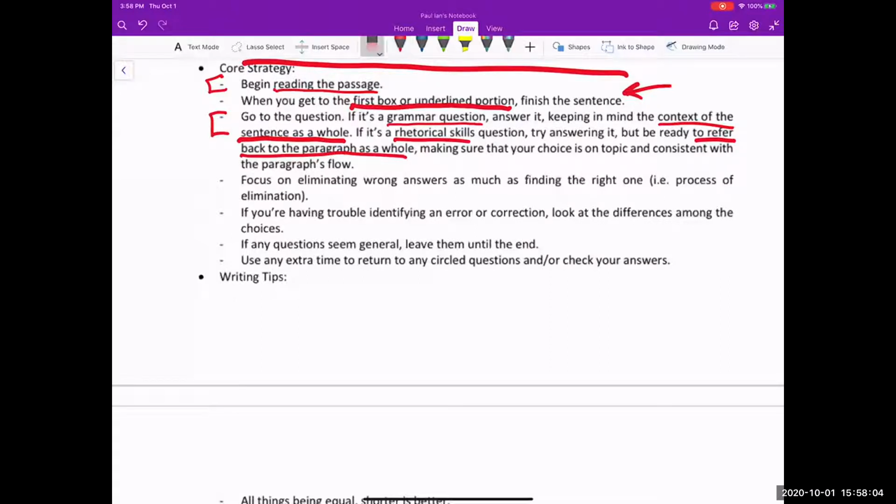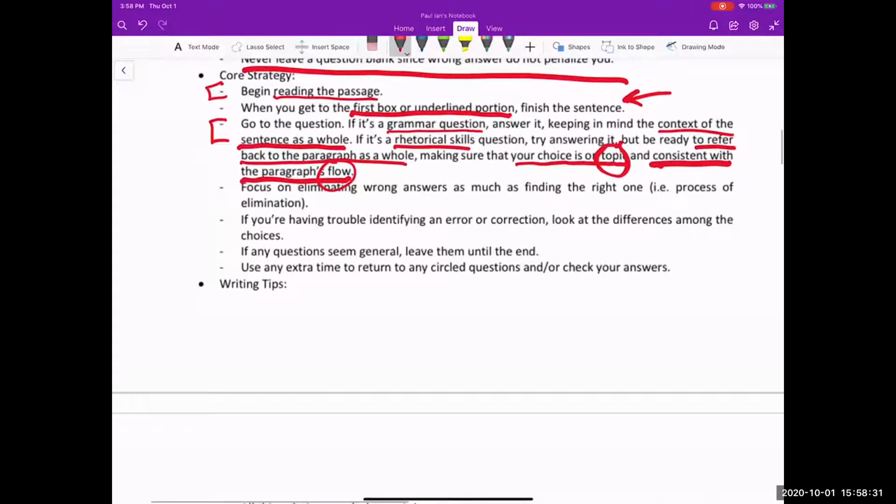This is how you assess it. Your choice is on topic and consistent with the paragraph's flow. The topic and the flow are very qualitative. The more you practice, it's really just: is it explaining the previous paragraph?